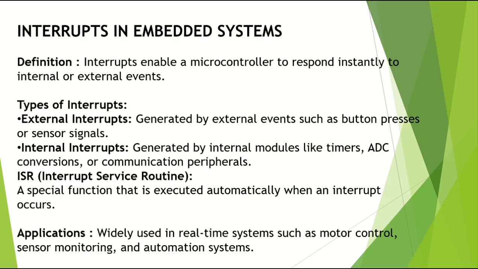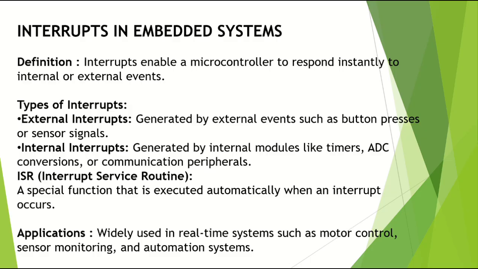Internal interrupts are generated by internal modules like timers, ADC, conversion, and communication peripherals. ISR, the interrupt service routine, is a special function that is executed automatically when an interrupt occurs. Interrupts are widely used in real-time systems such as motor control, sensor monitoring, and automation systems.